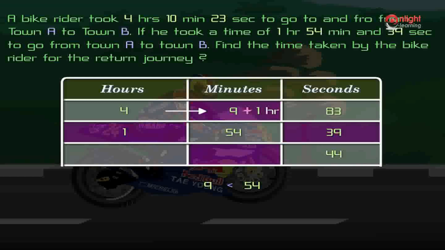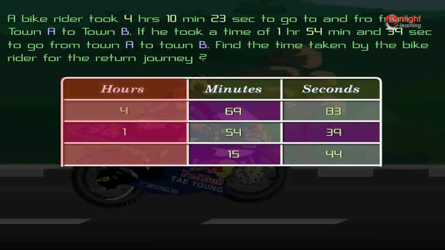Hence, we need to first add the borrowed 1 hour to the minutes. We get 60, that is 1 hour is equal to 60 minutes, plus 9 is equal to 69 minutes. Now, we have to subtract the minutes column. 69 minus 54 minutes is equal to 15 minutes.